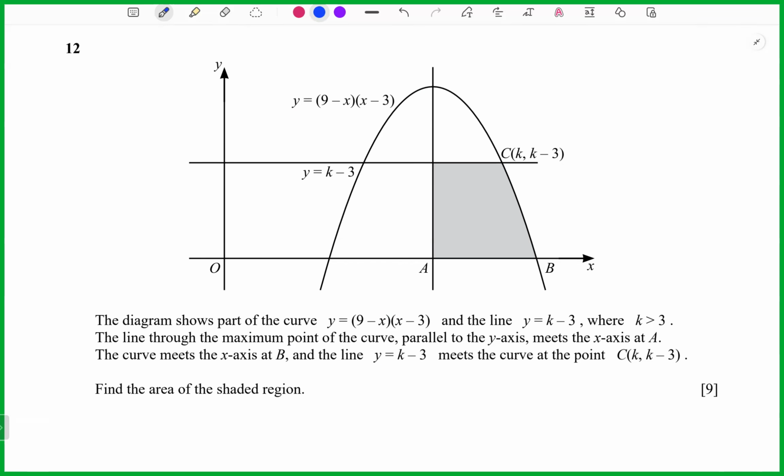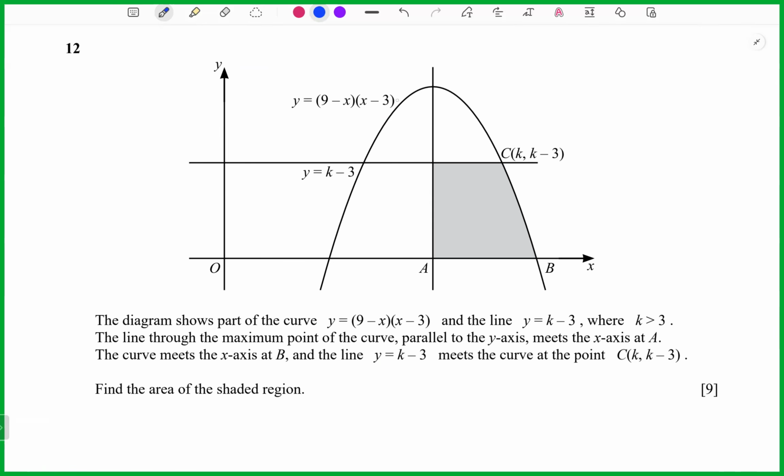Okay, now we need to find the points first. What is your step to find them? Let's see. Now we can find the coordinates of B first.